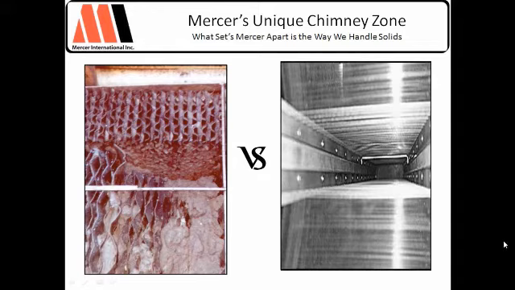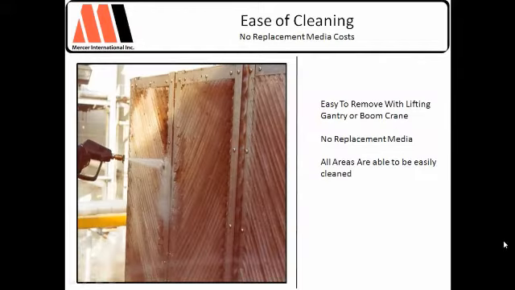That's important, because if you can process solids, you're in good shape. The next thing we want to talk about, and this is often overlooked, is the ease of cleaning. If you find a coalescer that's easy to clean, you're in good shape. And one thing you can do to feel out whether it will be easy to clean, will the solids process out? Imagine having a nice, clean, brand new coalescer in front of you.